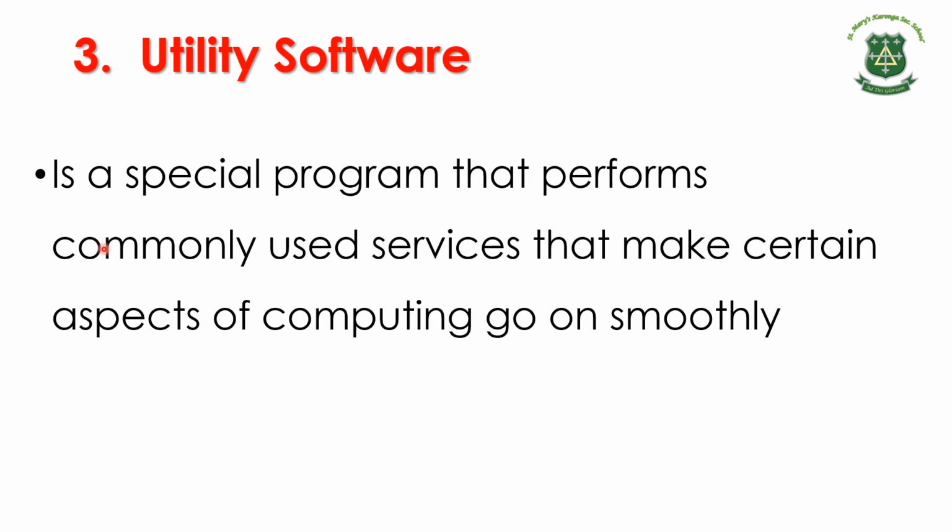We have looked at the operating system, number one. Number two, the firmware, as types of system software. Now, let's look at the third one, which is utility software. What is this? The utility software is a special program that performs commonly used services that make certain aspects of computing go on smoothly.